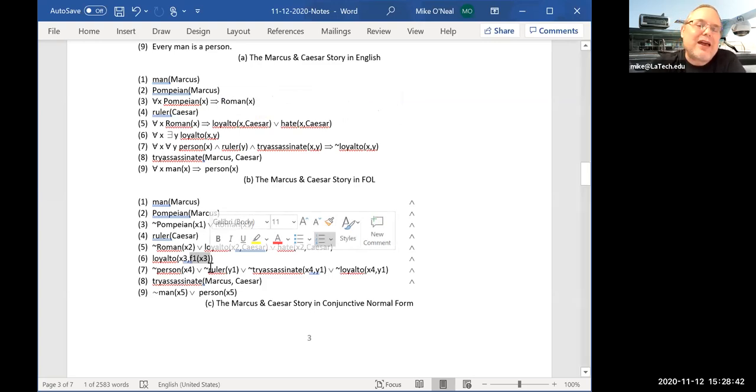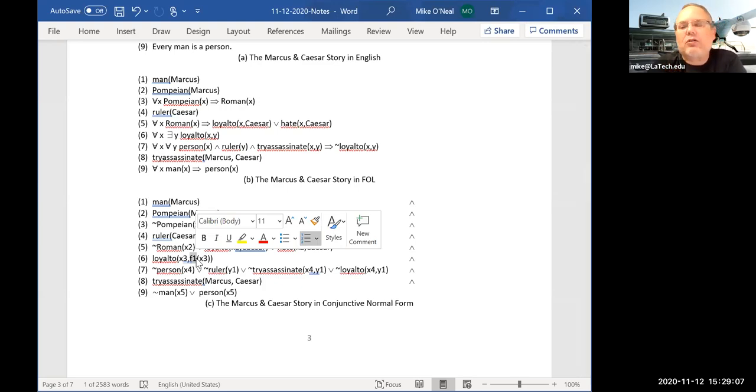It's just saying that the y that I need, that our x is going to be loyal to, is dependent on our x. So f1 is a Skolem function that essentially computes the individual that x is going to be loyal to. Okay?